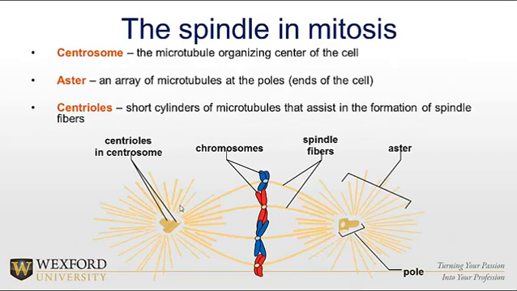So a couple other organelles, other cell structures, are going to be important in mitosis. We're just talking about some structural components right now before we jump into it. We have what's known as the centrosome, as opposed to, once again, the centromere we just talked about. The centrosome is the microtubule organizing center of the cell.